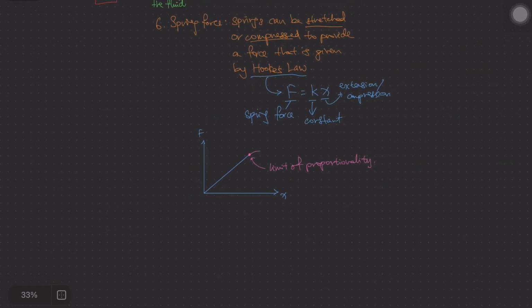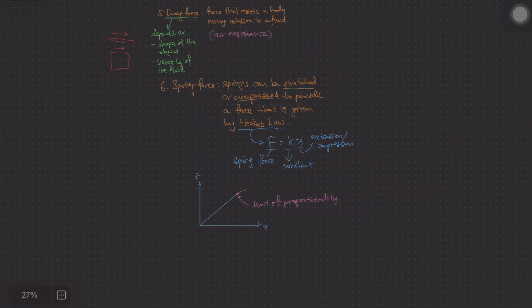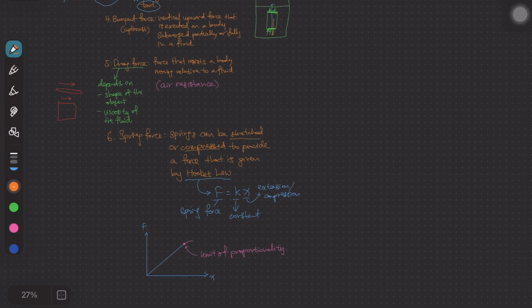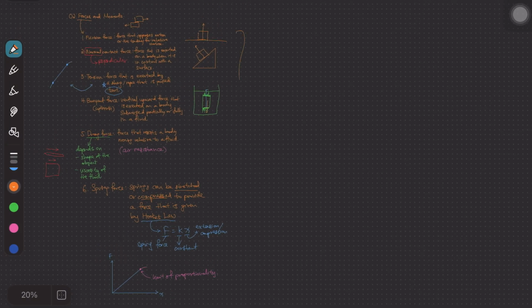Alright, so now that we have taken a look at all of these forces, the commonality between them is that they are what we call contact forces, between two bodies that are in contact.